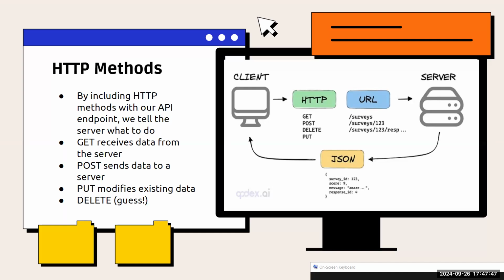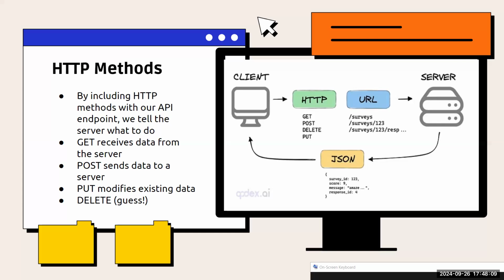So that's why we have 4 different methods that you can send along with the request. The first one is get. That's telling the server, here's this URL, give me the data that you're supposed to give me when I use this specific URL.